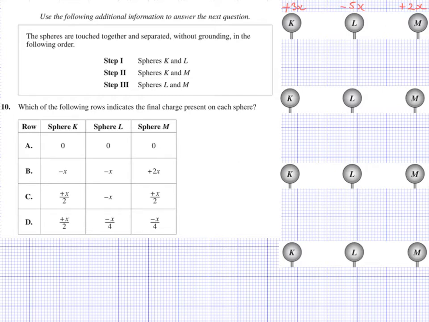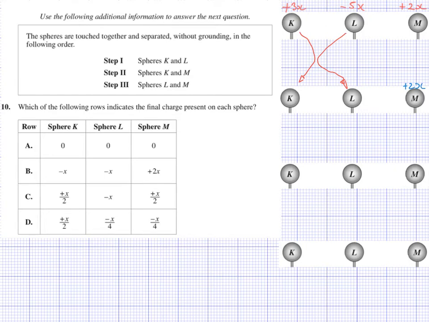So beginning with red, I'm just going to draw a little line that shows that K touches L. First of all, really easy, M doesn't change. M is going to stay the same, so I'm going to write this as a blue value here, just above. Blue is going to stay as positive 2x, that's easy.